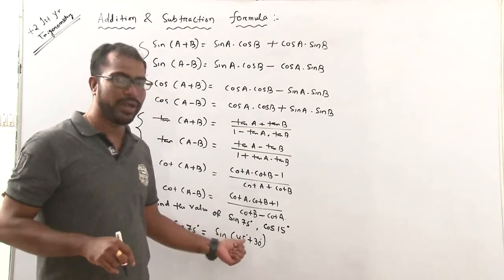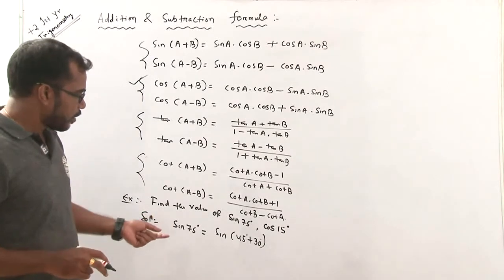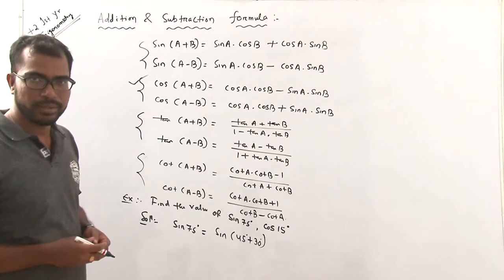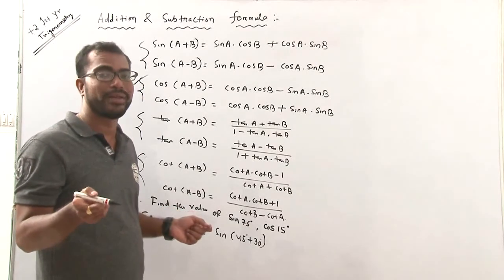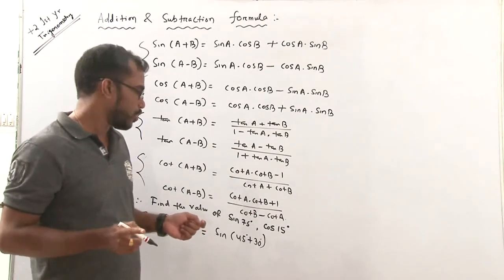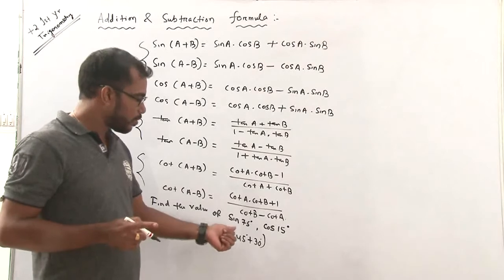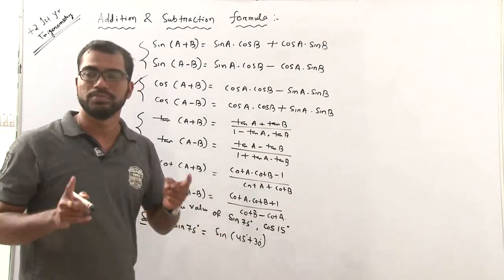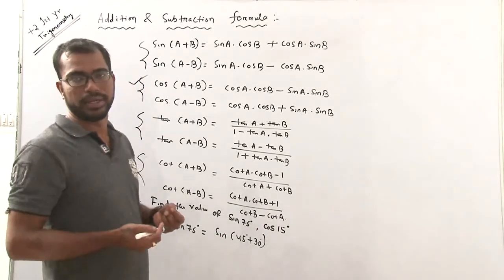You can also write 75 as 60 plus 15 degree, but 60 degree is in the table while 15 degree is not available. So we cannot use this form, but we can express it as 45 plus 30, because 45 and 30 are both included in the standard angle table.